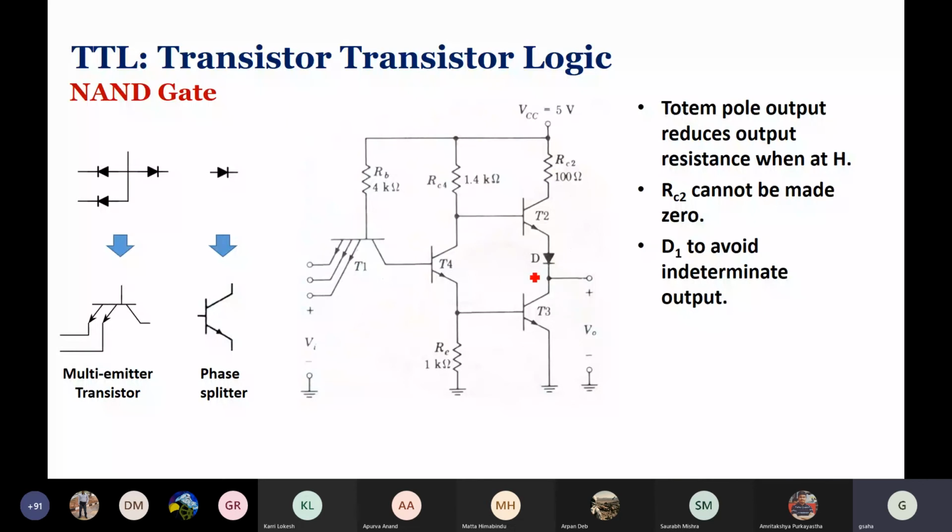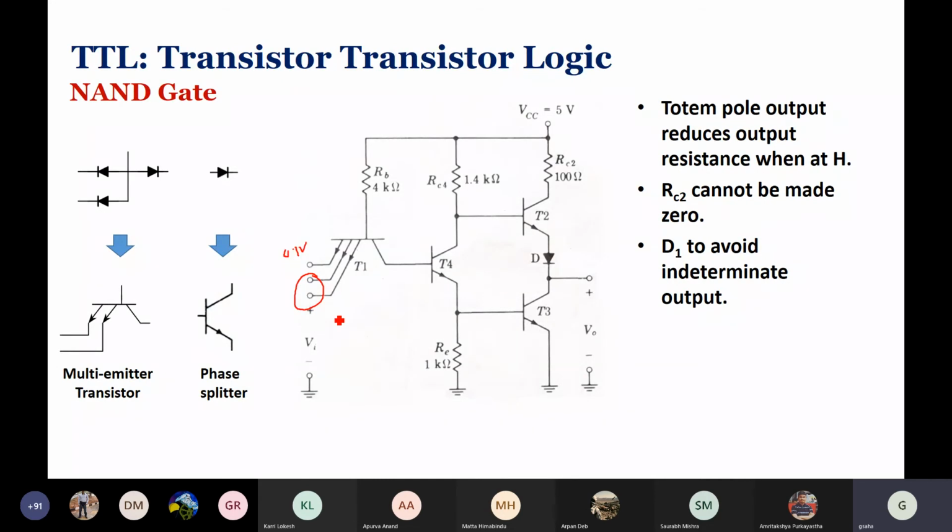Let us see qualitatively how it performs. To begin with, consider that the other inputs are not there; it is just a single input. So when you place a voltage close to 0 volt or 0.1 volt, what happens to this circuit?